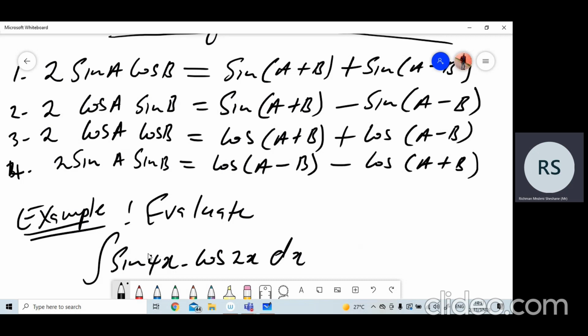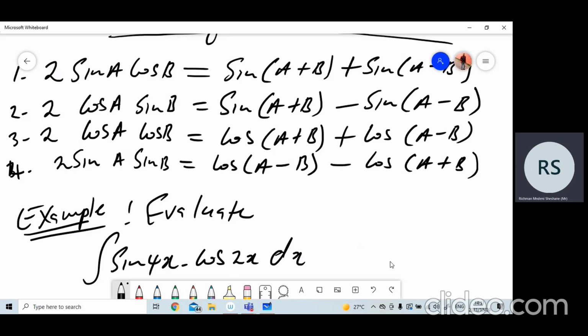The order is very important. We use the formula that starts with sine times cos. So we're going to transform from the product into the sum. You treat the first angle as A as it is, and the second angle as B.